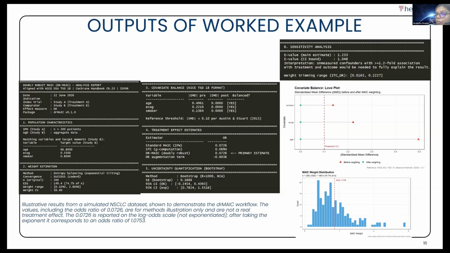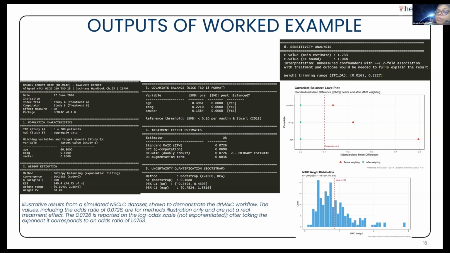First, the report header is auto-generated and aligned to NICE TSD 18, Cochrane and ISPOR, which makes the reproducibility and auditability point concrete. Second, on weight estimation, the effective sample size retained is 149.4 out of 200 patients, about 74.7%, which is a reasonable retention rather than a collapse. Third, in the treatment effect estimates table, standard MAIC and drMAIC both land on 0.0726 here, with a small doubly robust augmentation term of about 0.0038.